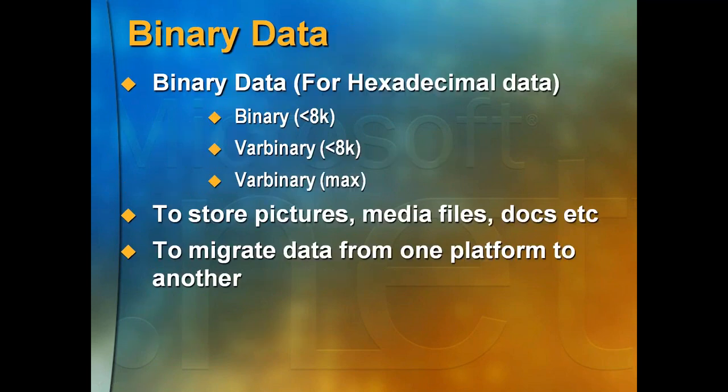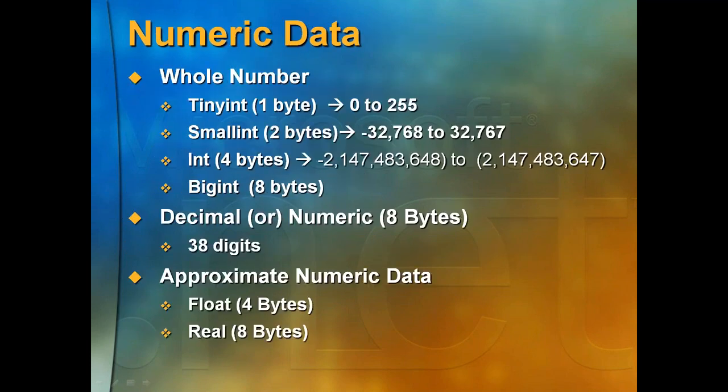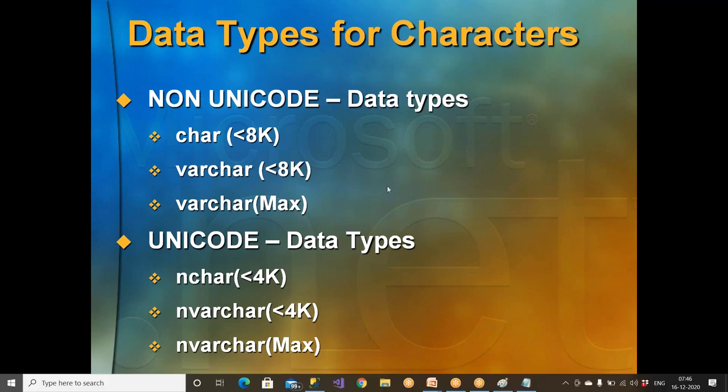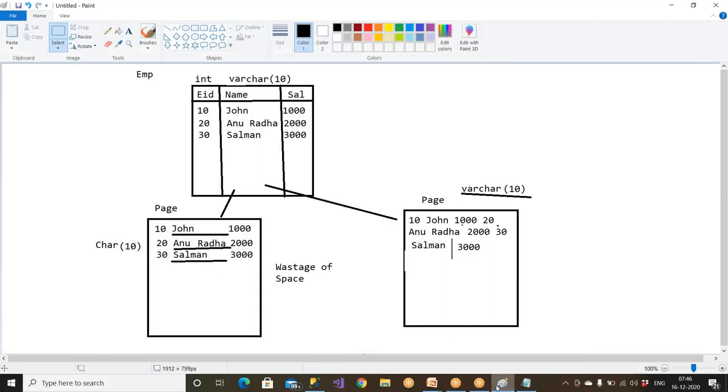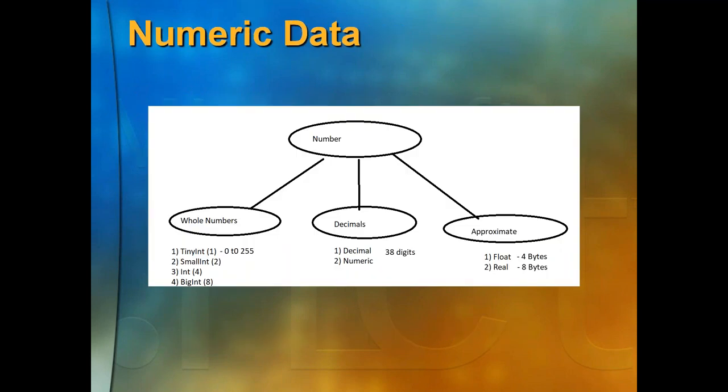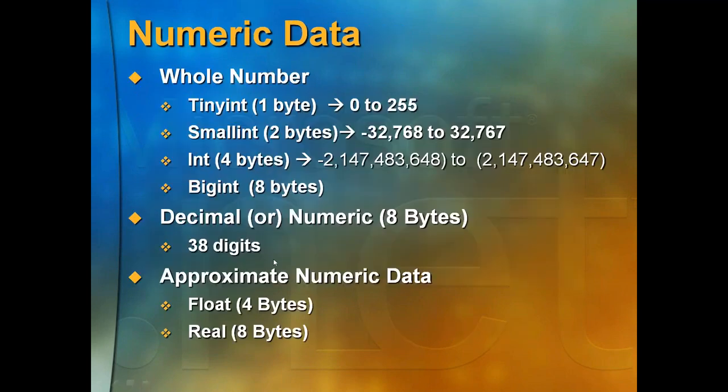And from tomorrow, we'll discuss the binary data. Are you clear? You may ask me: even though we have letters, special characters and numbers in the character data, why is numerical data especially needed?